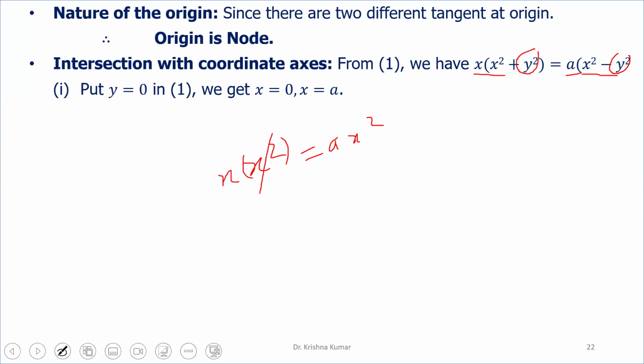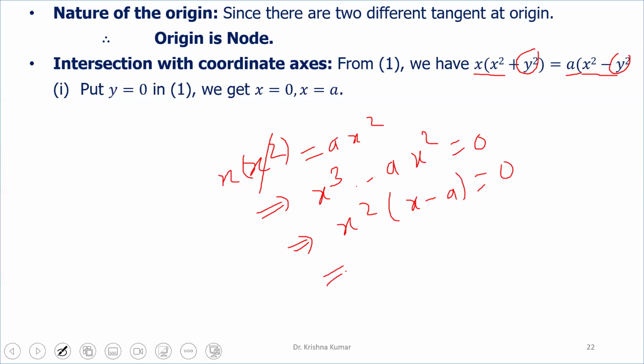This can be written as x cube minus ax square equal to 0, which gives us x square times (x minus a) equal to 0, which gives us x equal to 0 and x equal to a.